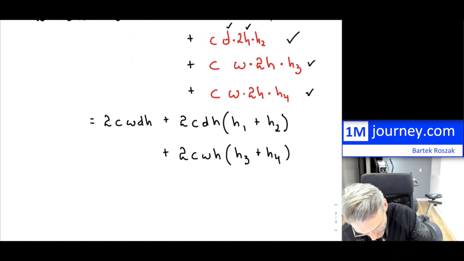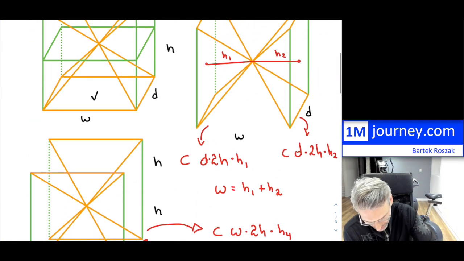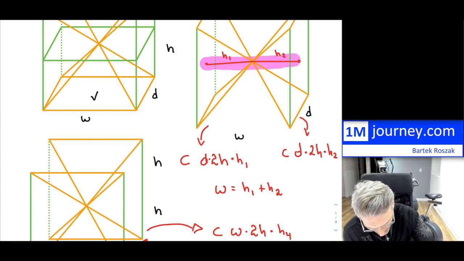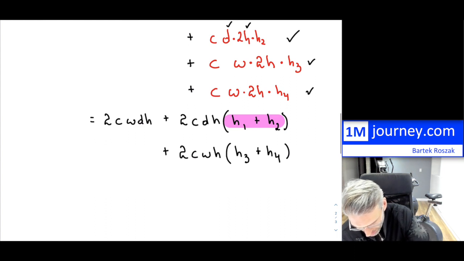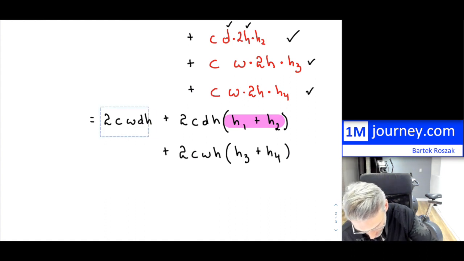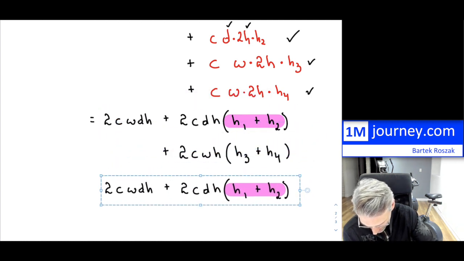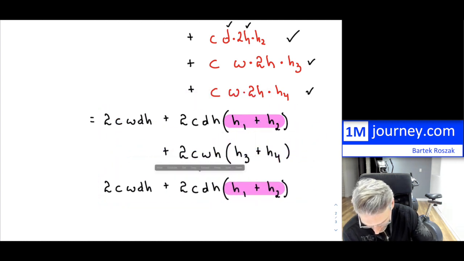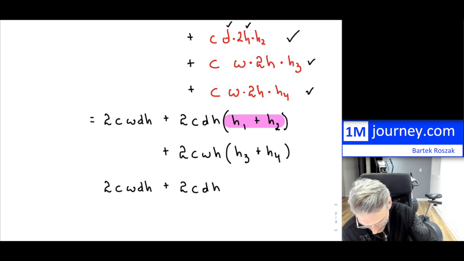Now, I want you to notice that H1 plus H2, which I pointed out over here, is the entire height, that's just W. So that whole thing is just W. So if I rewrite this whole thing, I'm going to duplicate it, bring it down, then what you're going to notice is, well, this is just W right there.